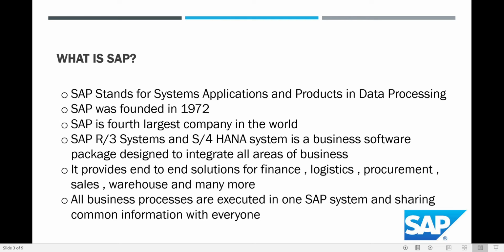And SAP is one of the largest ERP solutions. There are multiple competitors of SAP, such as Oracle, such as Salesforce, but no one has been able to come as close to SAP because of a lot of features that SAP gives.